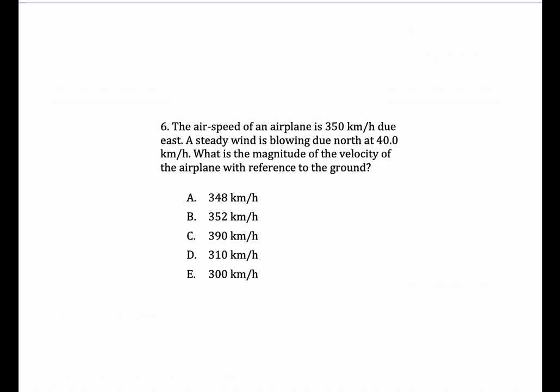What we have is the speed of an airplane that is moving east. So we have a plane that is moving east with a speed of 350 kilometers per hour. However, the wind is blowing the plane north with a speed of 40 kilometers per hour.